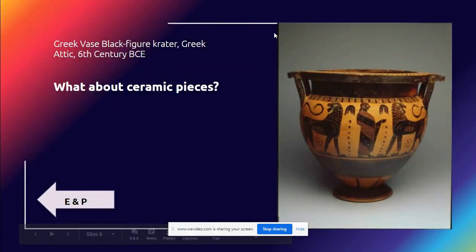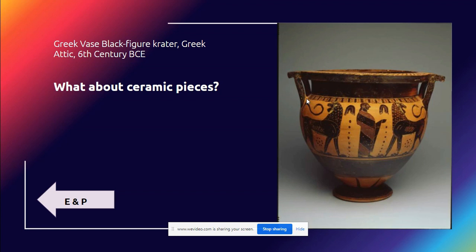Let's take a look at another one. This is called Greek Vase, Black Figure Krater, done in the Greek Attic era in the 6th century BCE. Wow, that's old. So ceramic pieces, obviously they are 3D forms. But what else do we see? Not a whole lot of color, but we do see lines. We do see some shapes, more organic shapes, like people and animals.